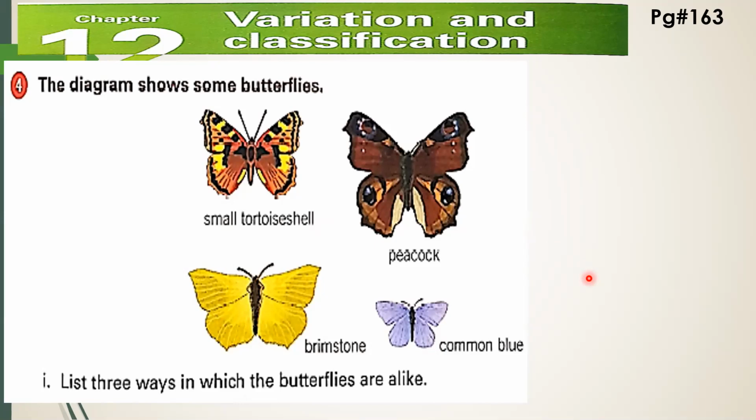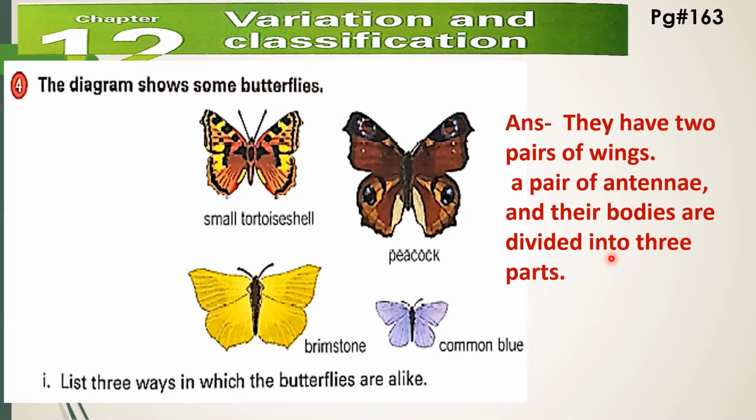We have to answer this question. The first question is: list 3 ways in which the butterflies are alike. So the three ways: all of them have wings, all of them have antennas, all of them have legs, and all of them have three parts of their body.